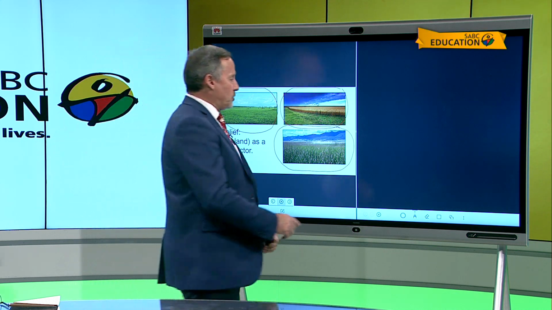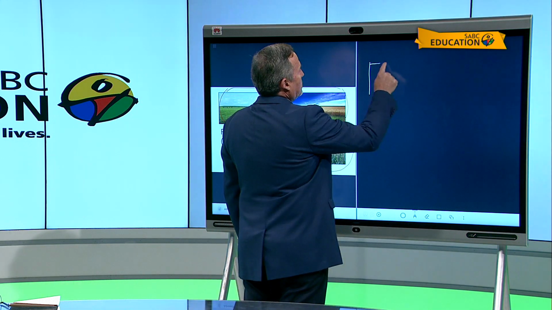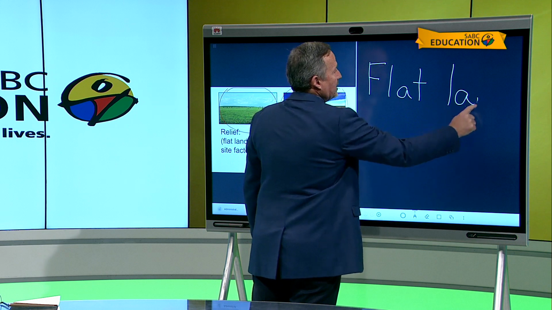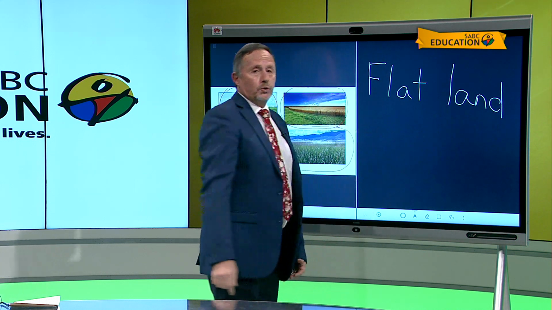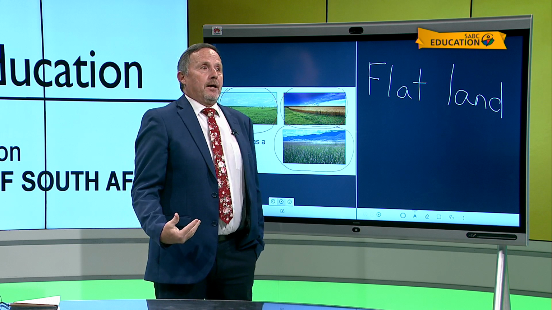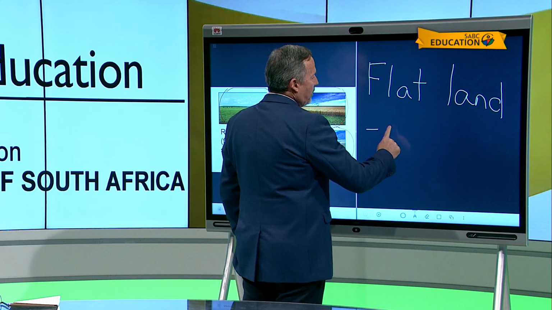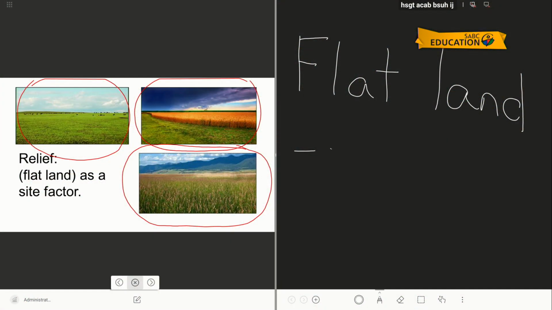Now, I think you need to tell yourself why flat land is important. And this basically comes down to what makes a farm successful. If it's flat, the one thing that you need to look at is it makes farming easier.